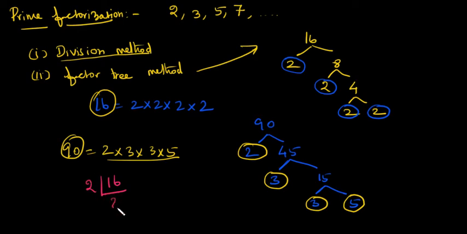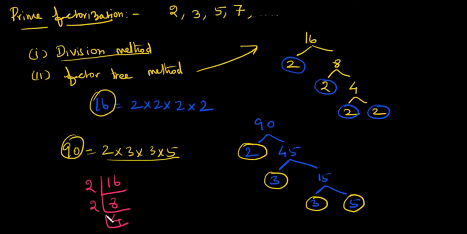So we'll get 8. Then again you try to divide by the same smallest prime number. I'm going to divide again by 2. Is it possible to divide by 2? Yes, so we can divide. So you'll get 4. Then again you start with the smallest prime number.